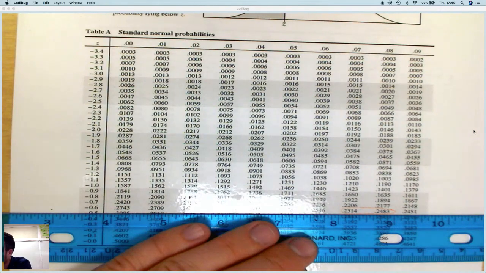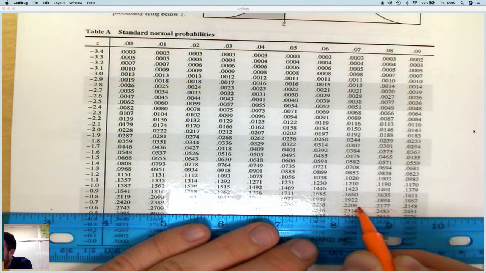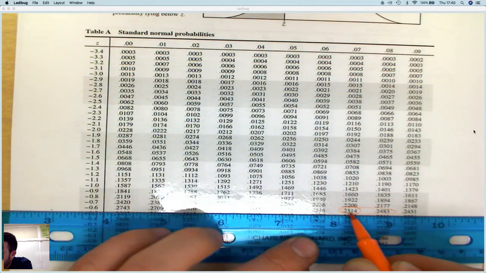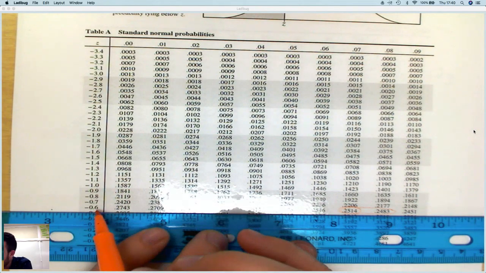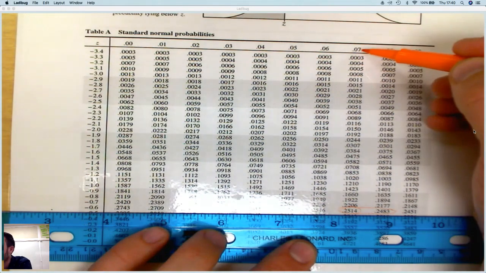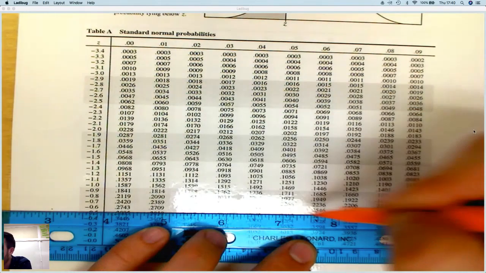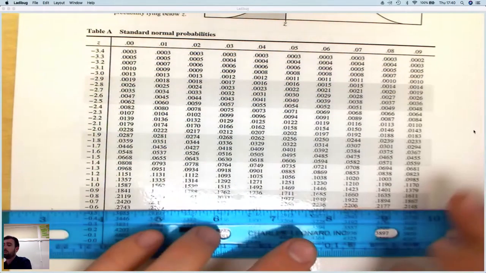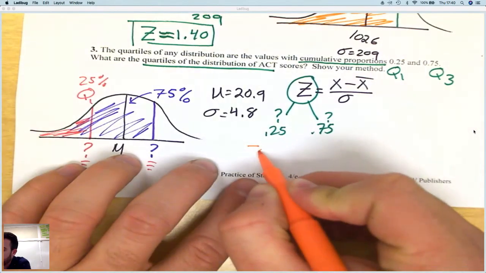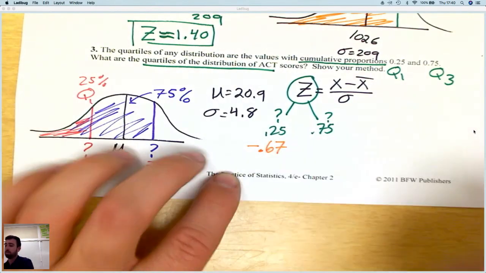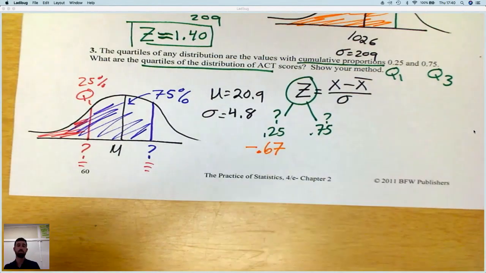So the closest one is going to be this right here, which is negative 0.67. So we want to use this row and column. So going back to our problem, we know this z-score is negative 0.67.